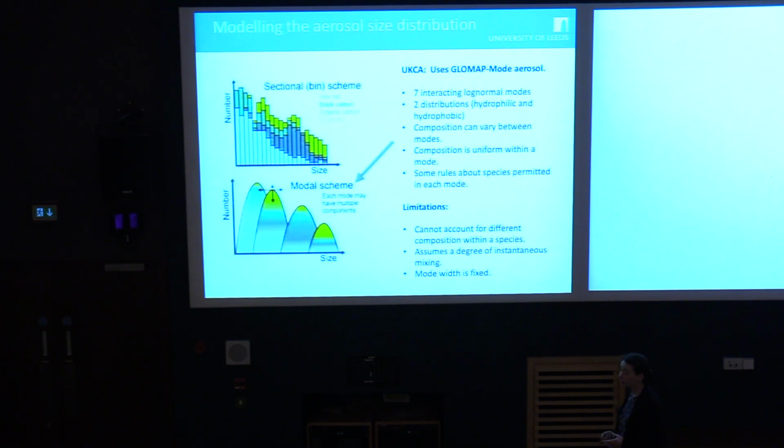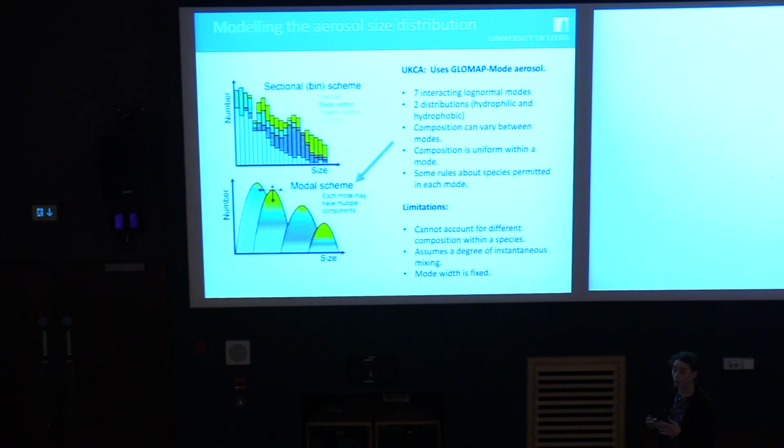And happily we can carry the composition of aerosol particles within a modal scheme. The way that we do this is instead of calculating the total mass of particles per mode, we calculate the mass of each individual component of the aerosol per mode. So this is an example with 4 modes.